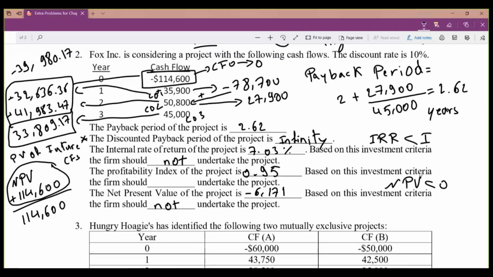And then you divide the answer that you are getting by the initial investment, 114,600, and you will be getting 0.95. So here, because PI is less than 1, the firm should not undertake the project.